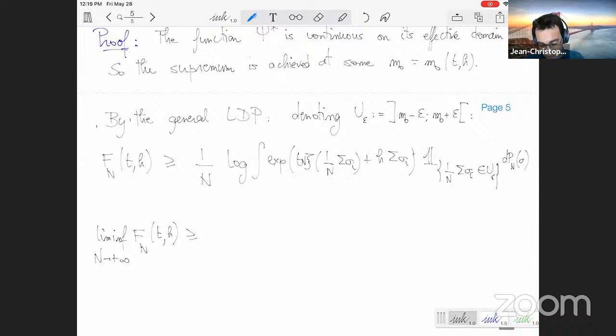Oh, sorry, I use French notation for the interval. I meant this, the tiny interval centered around M naught. Sorry about that, sometimes I remember French notation for this.